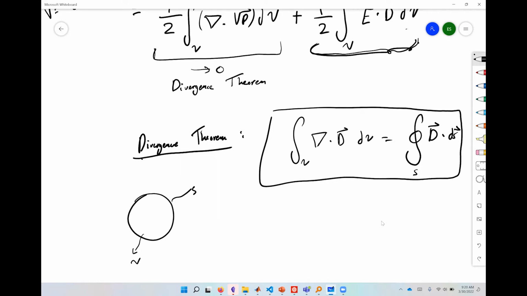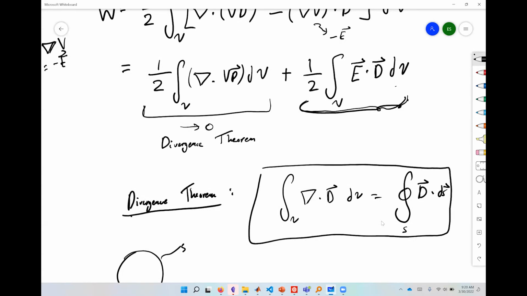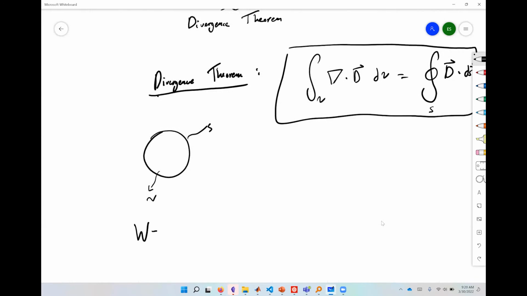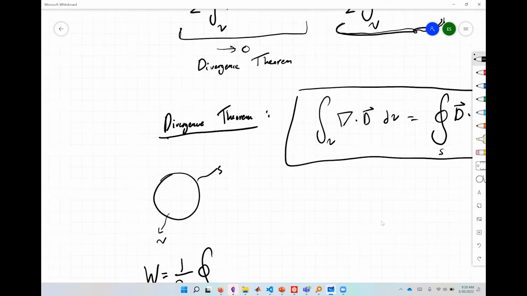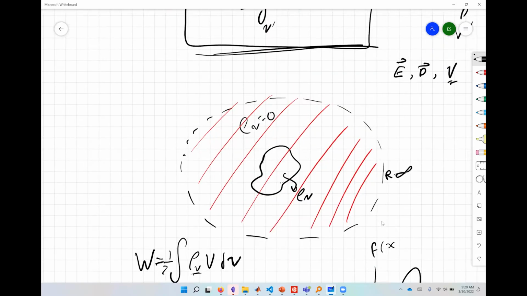So if I use the divergence theorem for this integral, what do I get? Let me write W back again. This is going to turn into a surface integral over the boundary. But this is interesting now, because remember the volume is all of space.